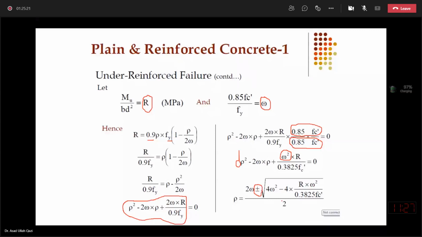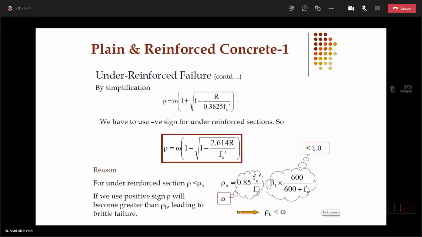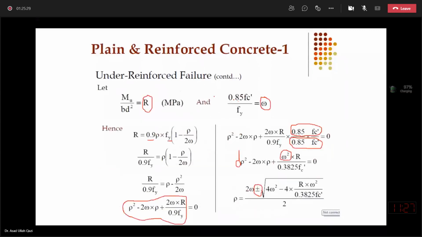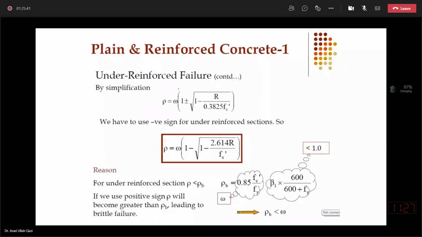So I will further simplify this by taking it common outside. It is present here, it is also present here. When I take this common outside, I will get this shape of equation: 1 plus minus square root of 1 minus R over 0.385 Fc prime.